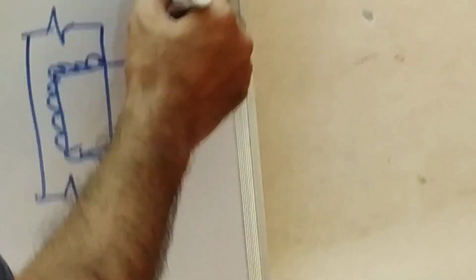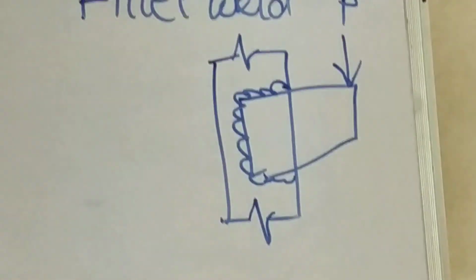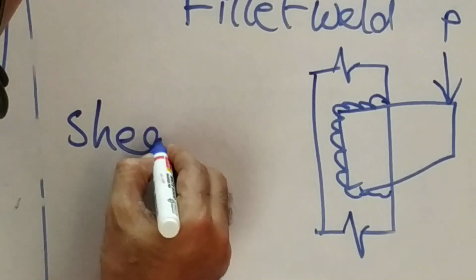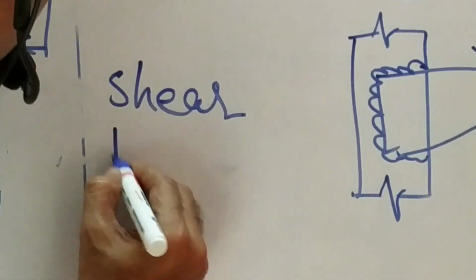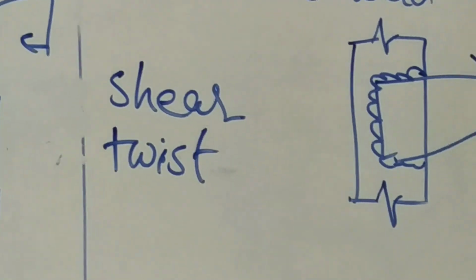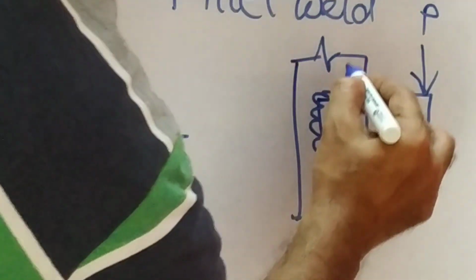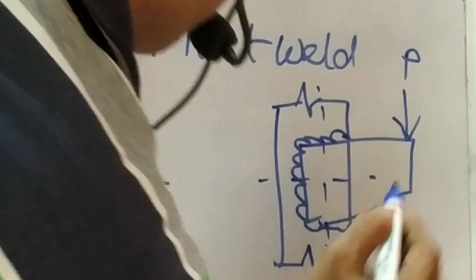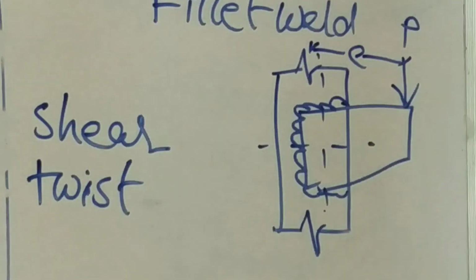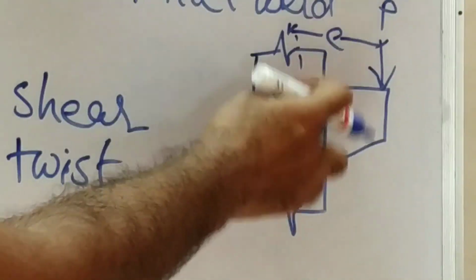Now again, due to this load, as I told you, one could be a shear, second is your twist. Both stresses will happen. So then I may have to find out the CG, and this distance is my eccentricity from the load up to the CG of the weld.